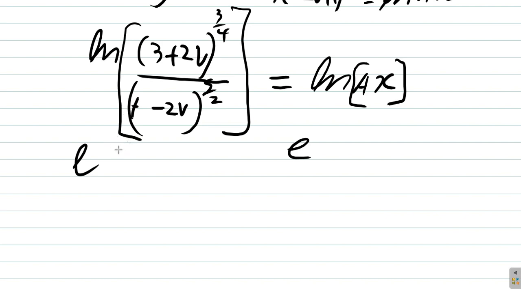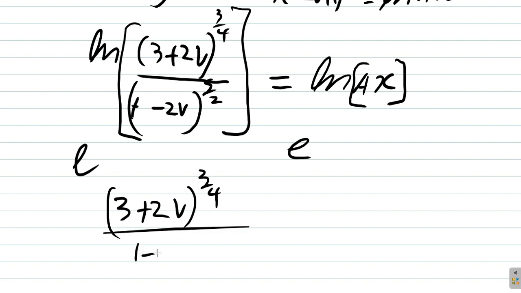It's like square or square root cancel out each other, right? Sine and sine inverse, and so on and so forth. So what you have is 3 plus 2v to the 3/4 over 1 minus 2v to the 5 over 8 equal ax.